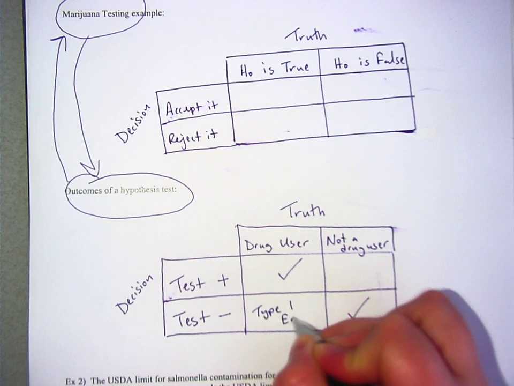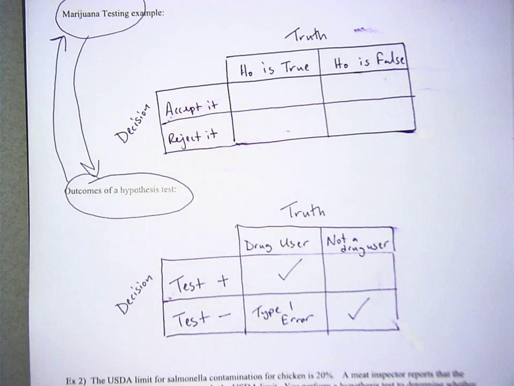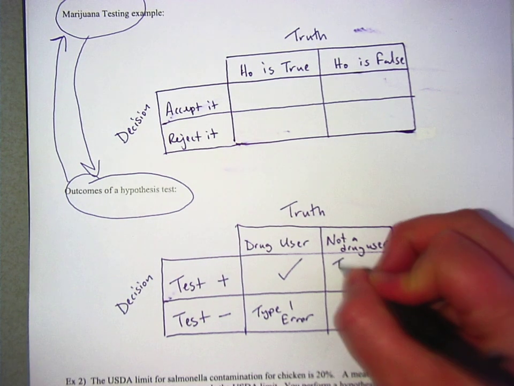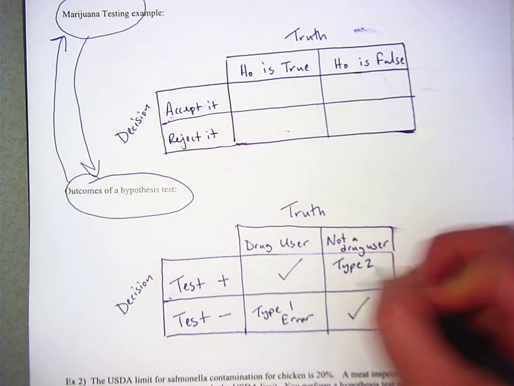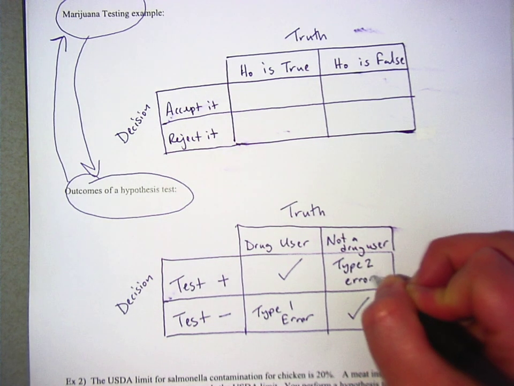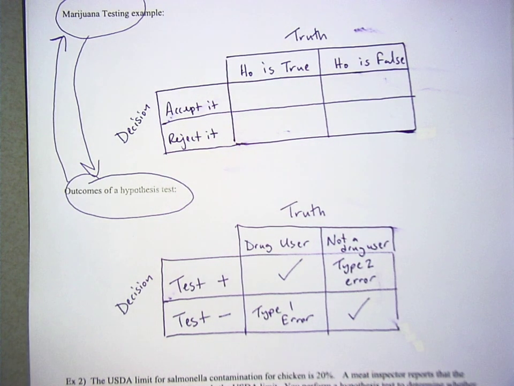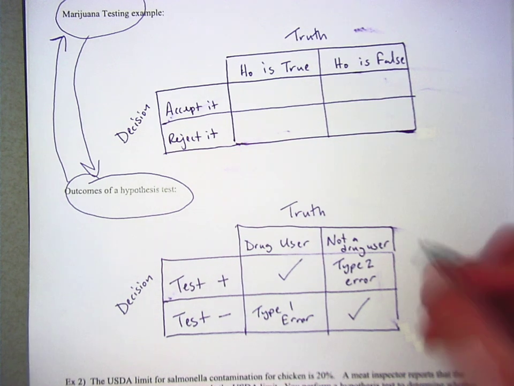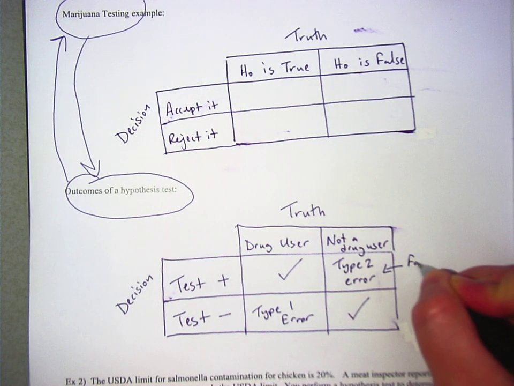I think this is easiest to understand with drug testing. That means that you use drugs, but you still tested negative for them. And a type 2 error is not being a drug user, but testing positive anyway. This one is called a false positive.